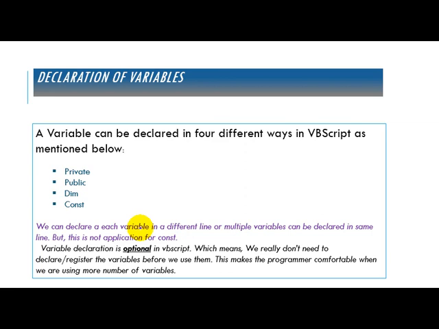But now the statement is that variable declaration is optional, which means that when I want to use a variable, I don't need to register it before. I can directly use the variables inside the program. In other languages this is not right. Whenever you want to use a variable, first you register it, then only you can use it. But in VBScript it is not like that. You can use them directly without registering.